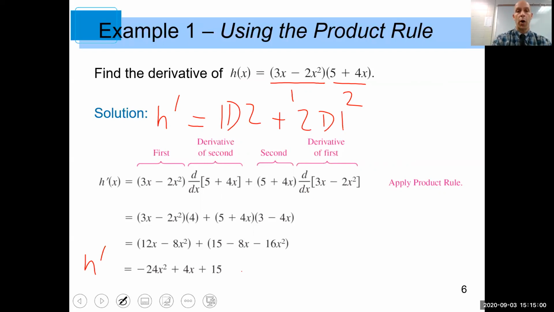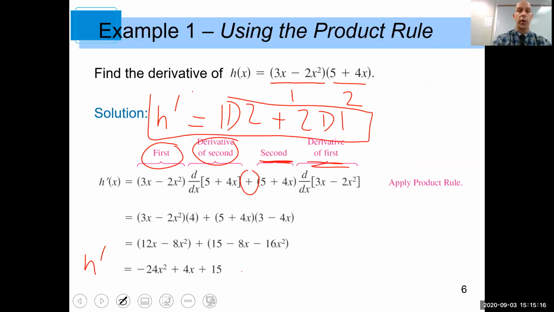In other words, 1 is just the first term, d2 is the derivative of the second term, so that's a product. Plus, 2 is the second term times the derivative of the first. This is a little shortcut for you to remember the product rule. So it's 1d2 plus 2d1.